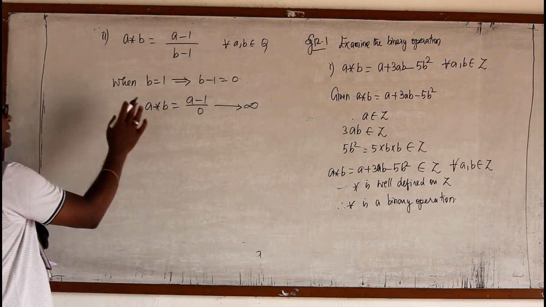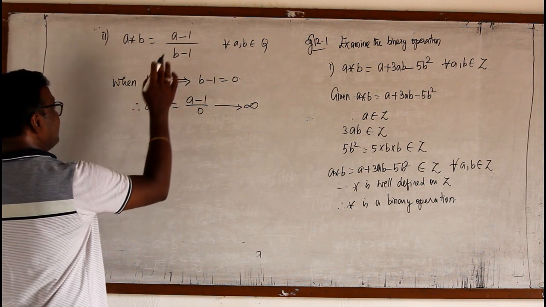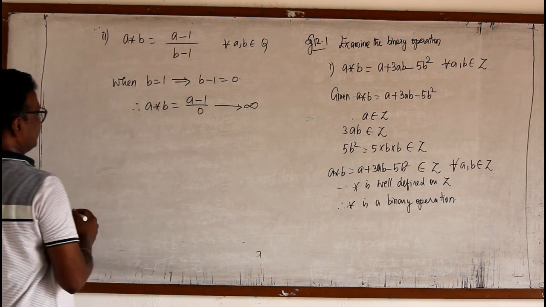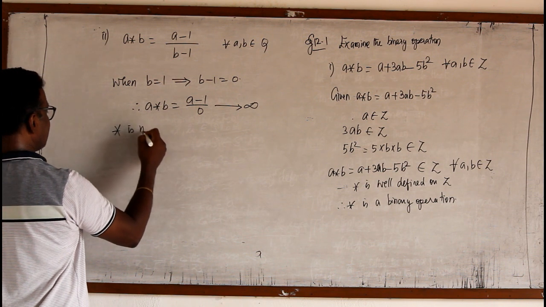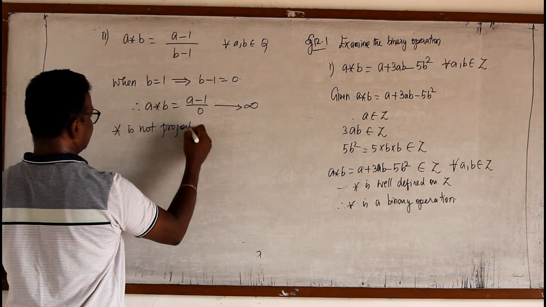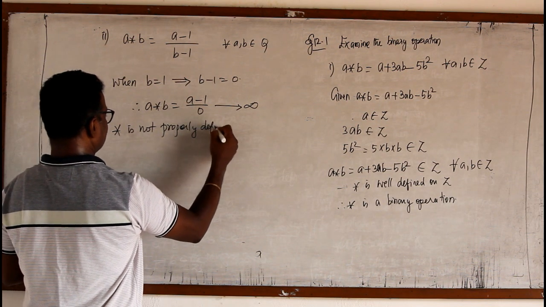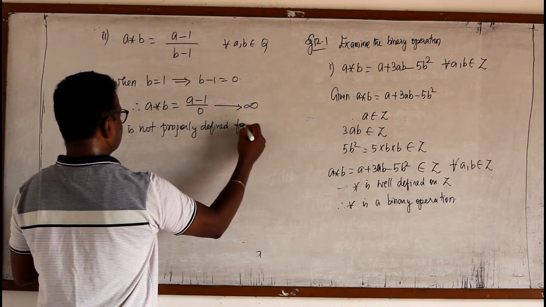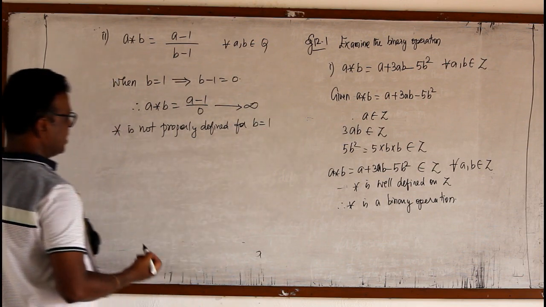Therefore star is not well defined when B equal to 1. That means star is not properly defined for B equal to 1.